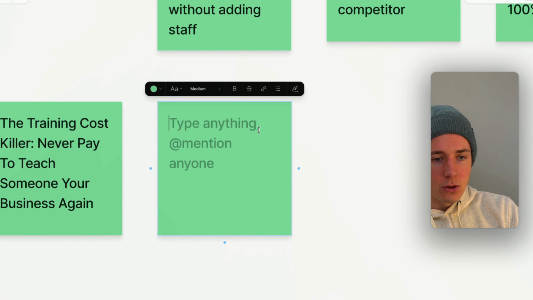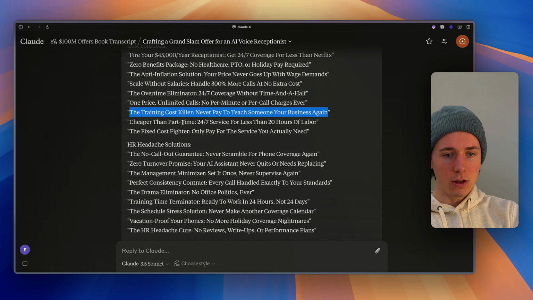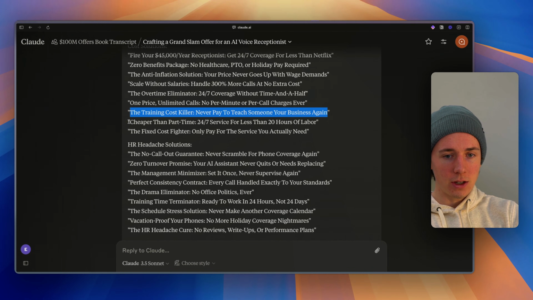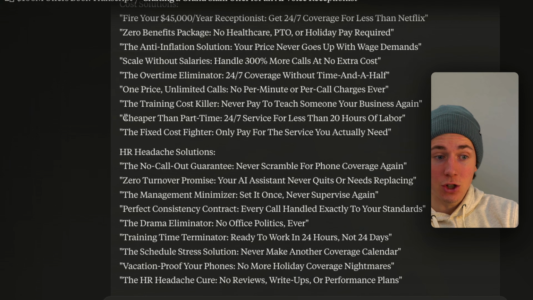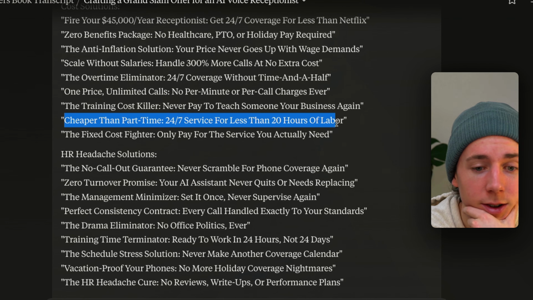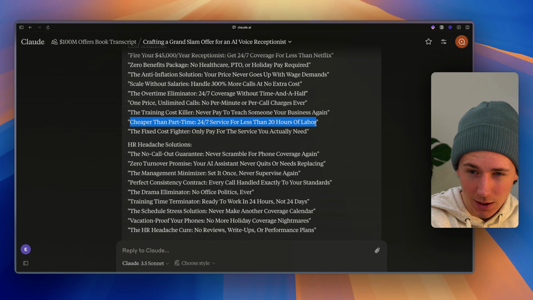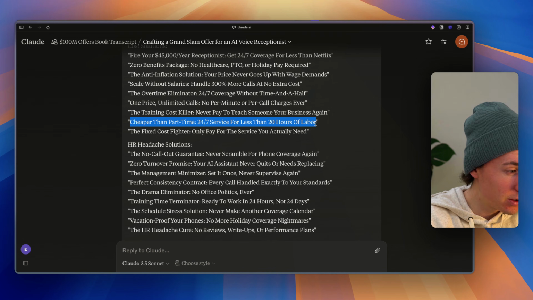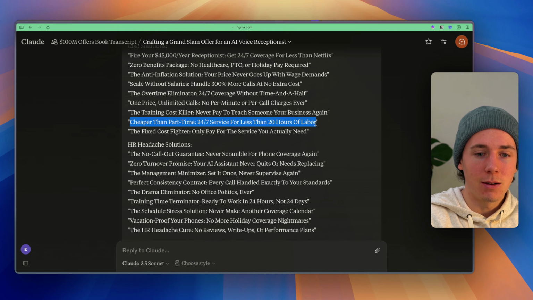All right, so let's continue here. So we have what other solutions? Cheaper than part-time 24/7 service. So let's say it probably is cheaper than 20 hours of labor, but I don't know if I want to bank on that, because we could say if they pay someone $20 an hour times 20 hours is 400 per week, times 4 is, I guess, 1,600 a month would be pretty solid.